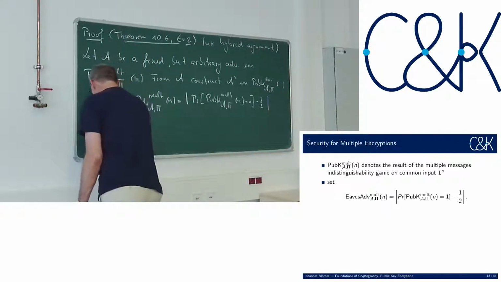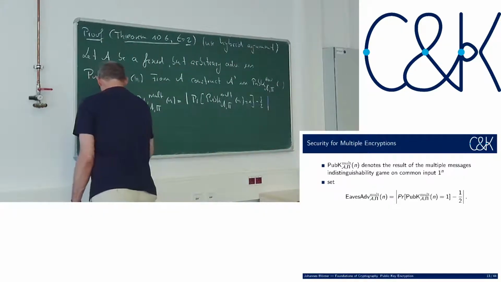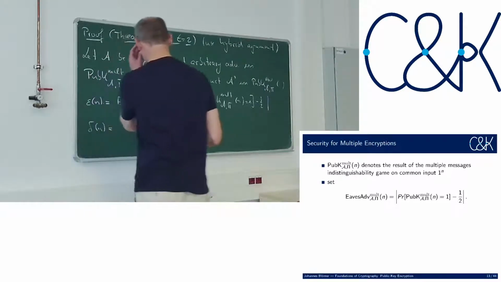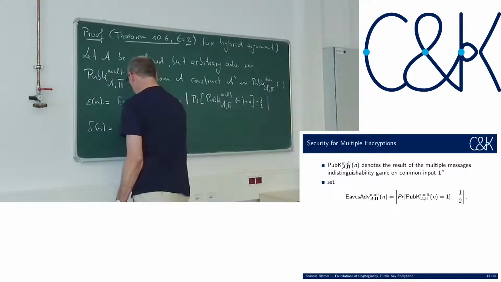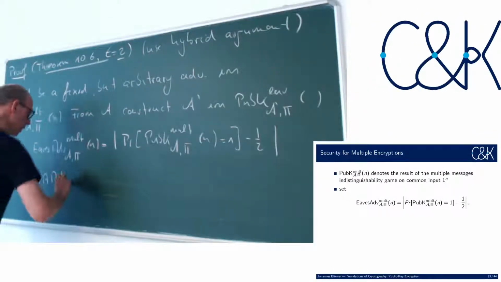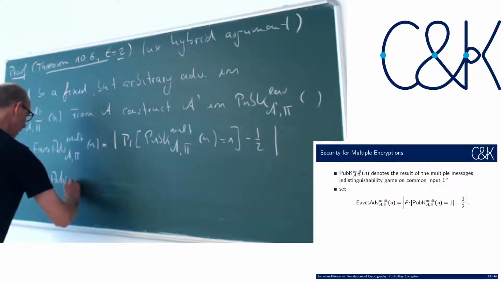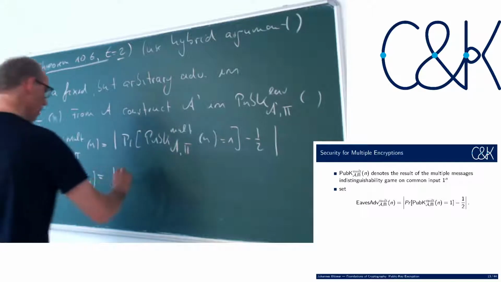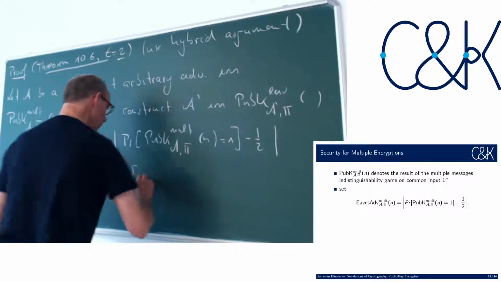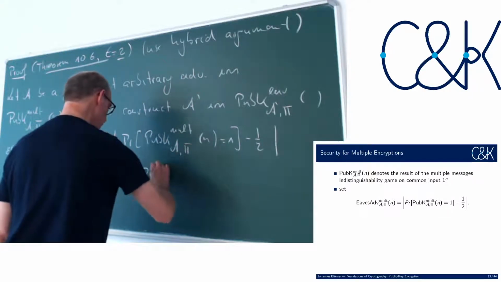Delta n is the CPA advantage of A, pi of n, which is the probability of the experiment outputting 1.